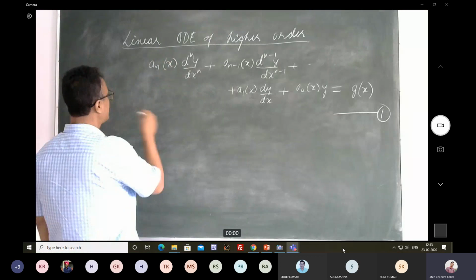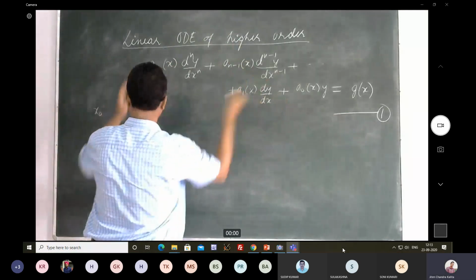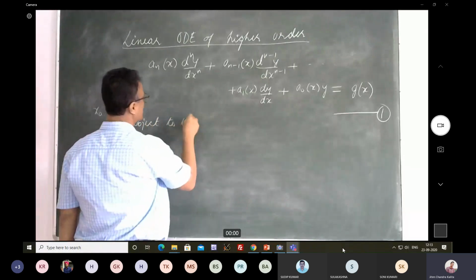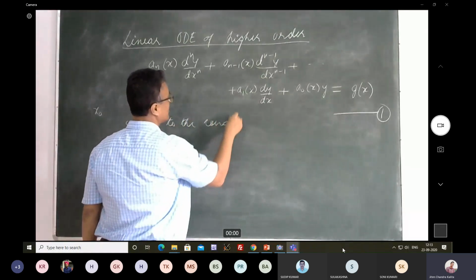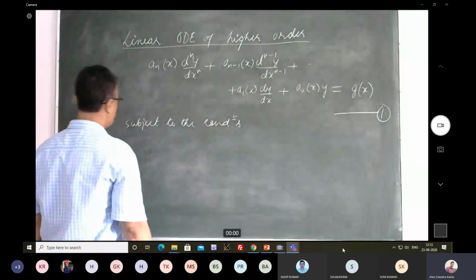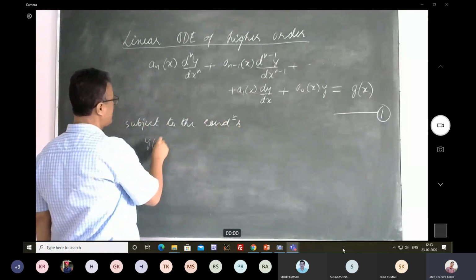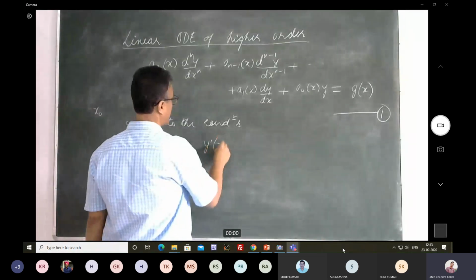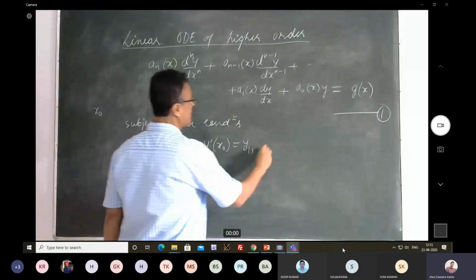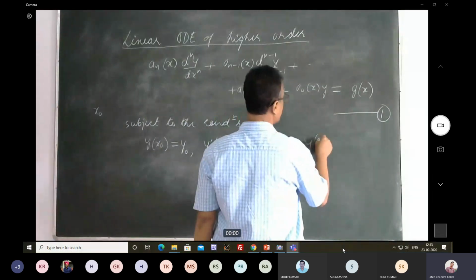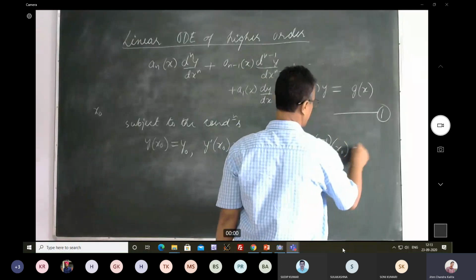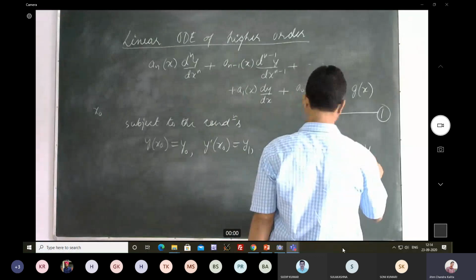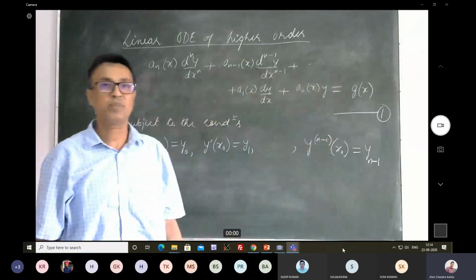Okay, so then I'm going to consider this differential equation subject to the conditions y of x naught equal to, let us call it y naught, y prime of x naught equal to say y1, and in this way the n minus 1th derivative at the point x naught be y n minus 1.